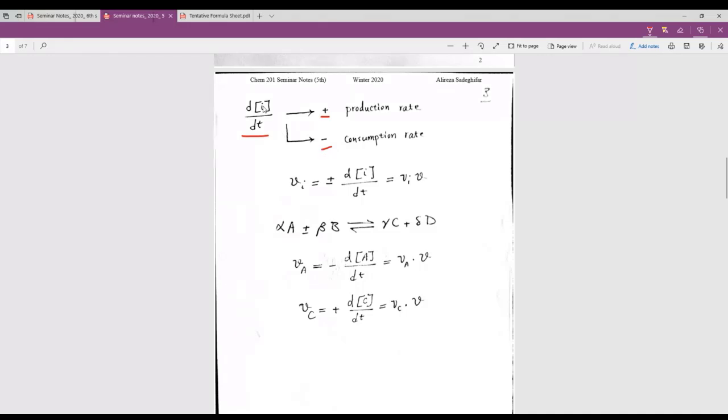If I is a product, then this rate here is the rate of production of species I. So we're going to use these terms a lot. That's why I emphasize them here. If I is a product, then this is the rate of production of species I. If I is a reactant, then it is the rate of consumption of species I.